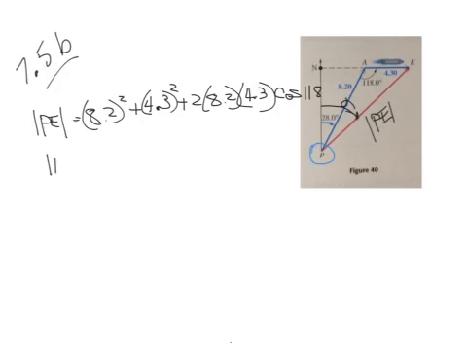So that gives me my magnitude of PE to be around 11-ish miles. So the distance between here and here is going to be about 11 miles.